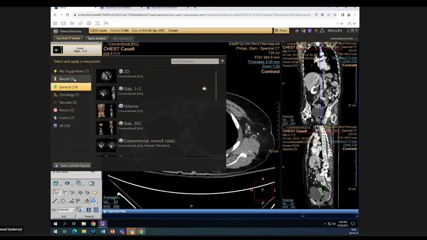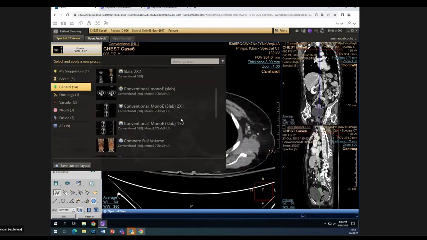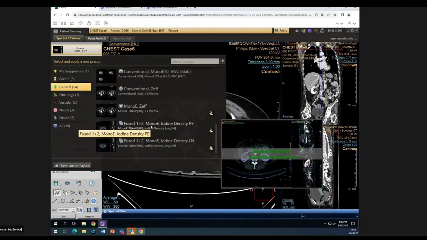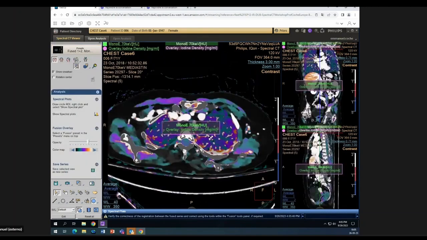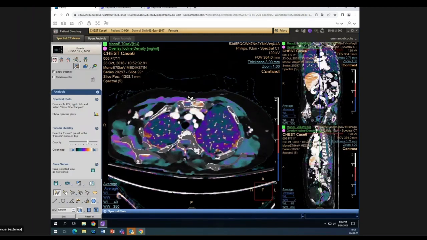It's up to you. But you have to select this one, mono E iodine density PE, and you double click on it. So you have the iodine overlay density, and you can travel into the chest volume.